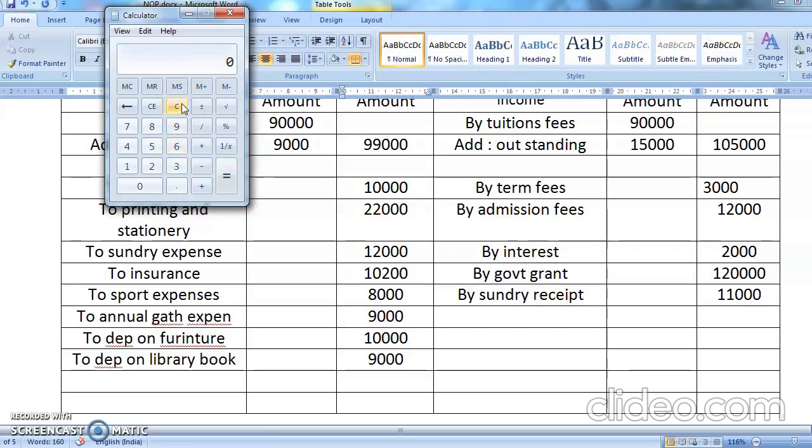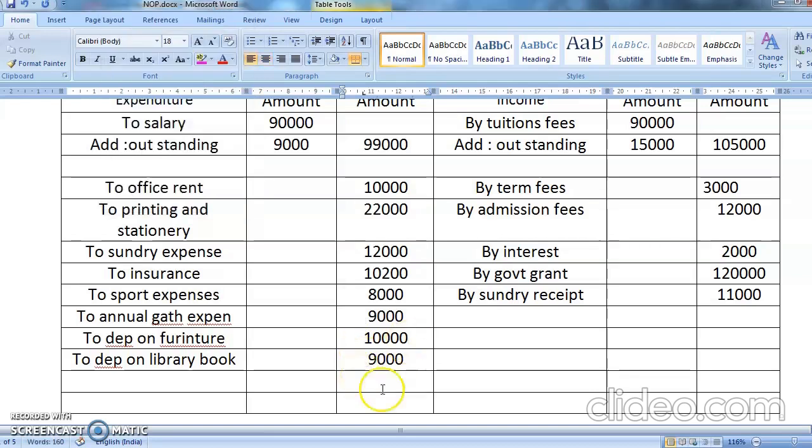We'll do it again. 99,000 plus 10,000 plus 22,000 plus 12,000 plus 10,200 plus 8,000 plus 9,000 plus 10,000 plus 9,000.